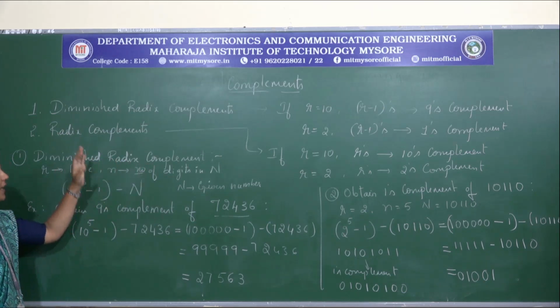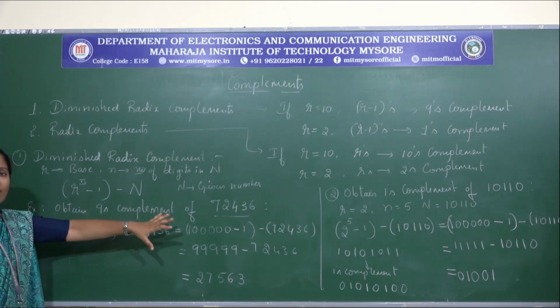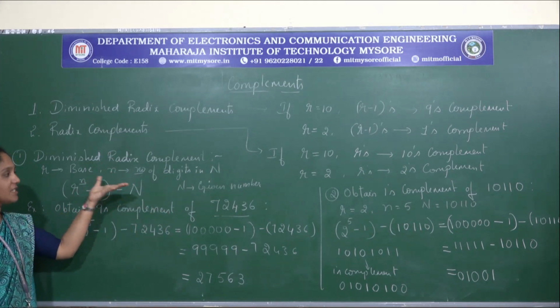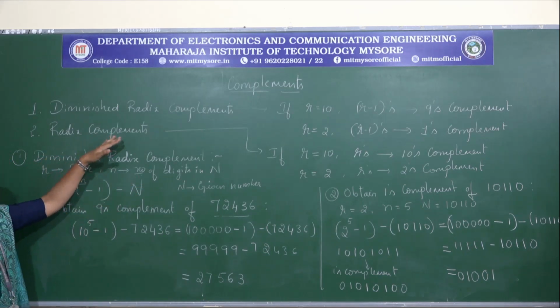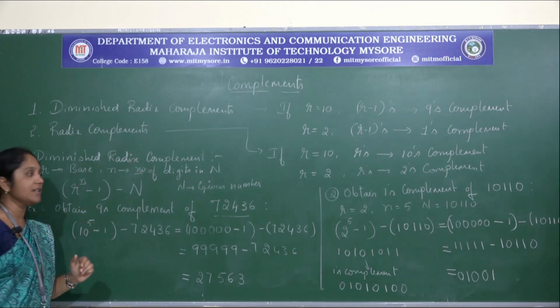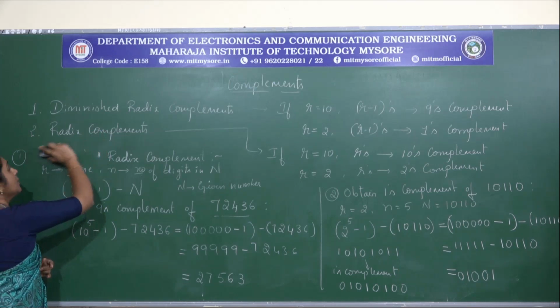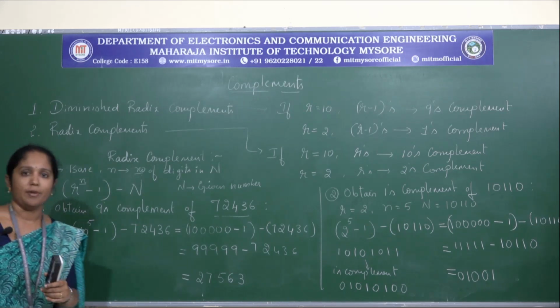Now let us move on to the second one. I will explain one more example for diminished radix later. Let us move on to the next type, and then we will discuss another example based on this. The second type is radix complement.